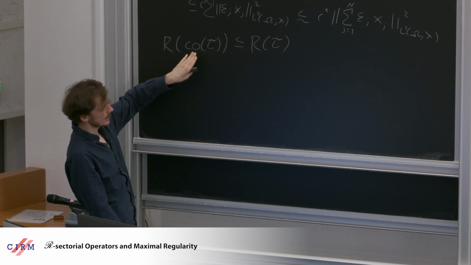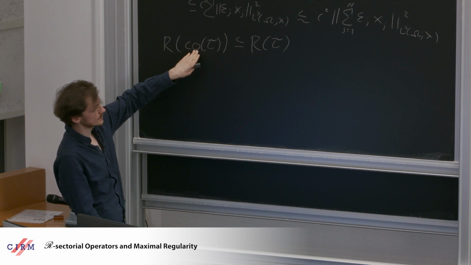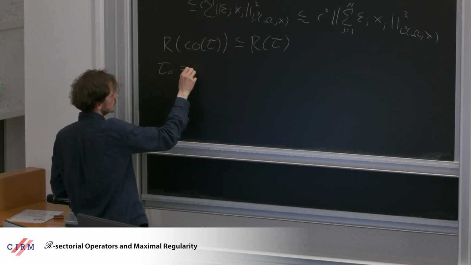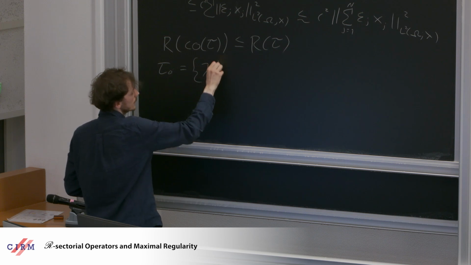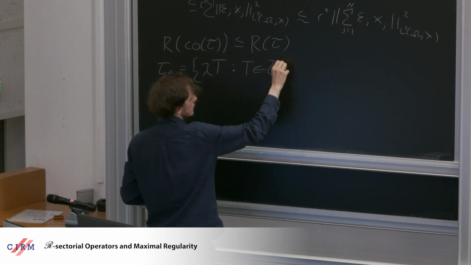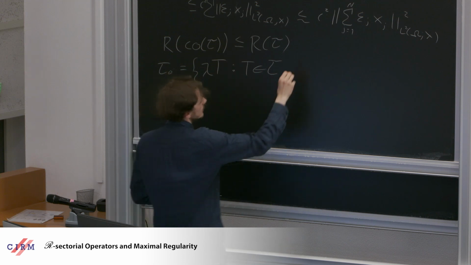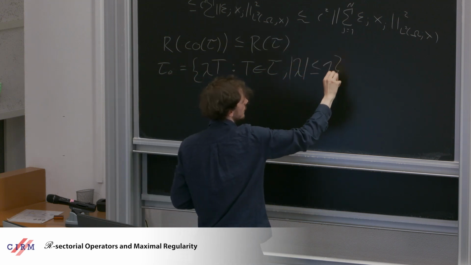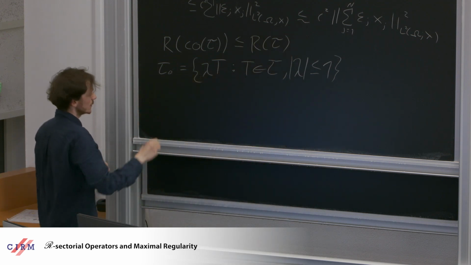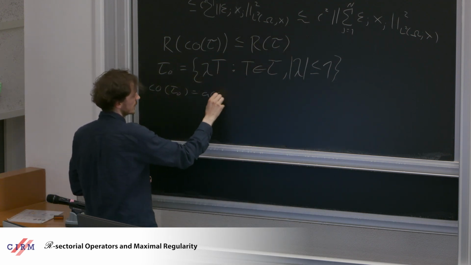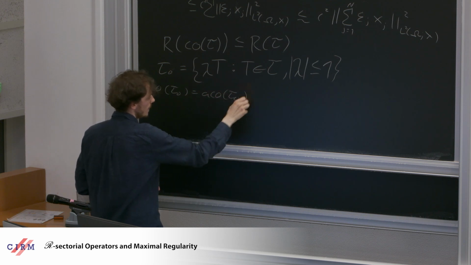This here stands for the absolute convex hull, the convex hull. And then we consider this tau 0, which is equal to lambda t, t in tau, lambda less or equal than 1. Then the convex hull of tau 0 is the absolute convex hull of tau 0.